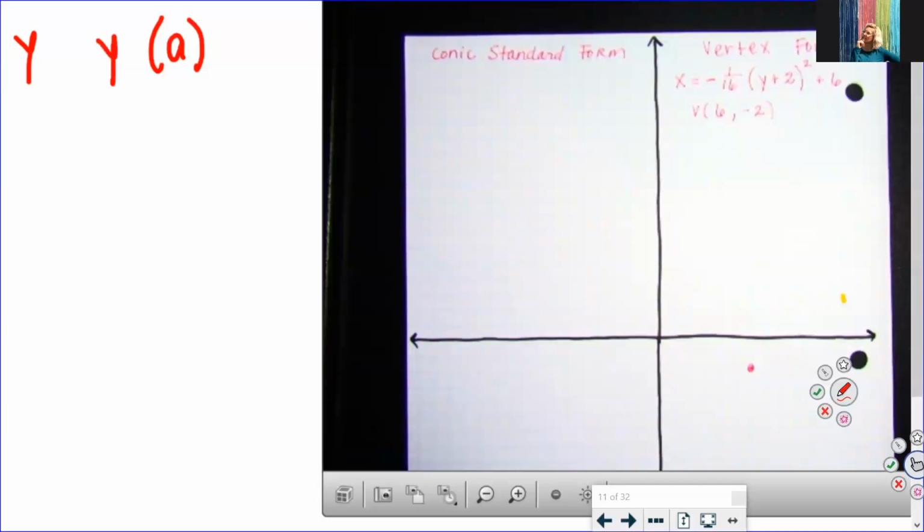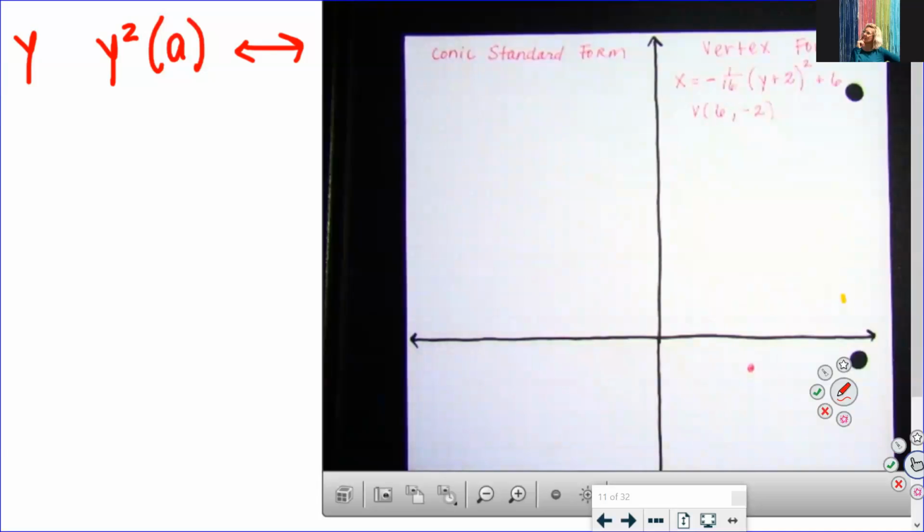We're going to square that and multiply it by the a value, and that's going to give us sideways movement. Speaking of the a value, what is the a value in this problem? Yeah, that's a big stretch. This is going to be a very wide parabola. But we still need lattice points. We still need points that are just on the grid.